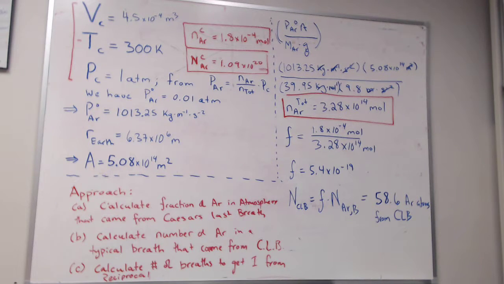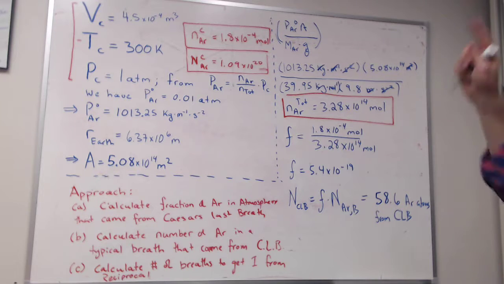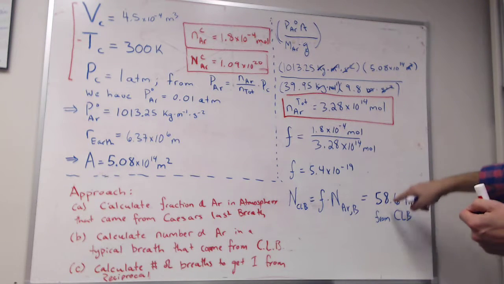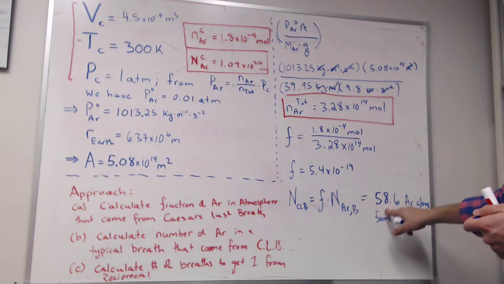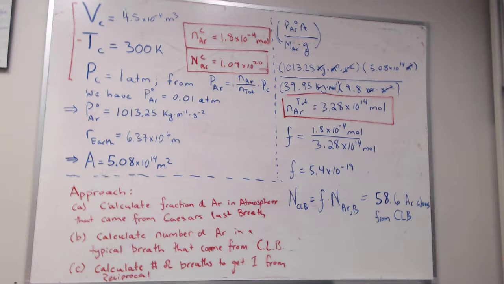Okay, so that's quite a few. Okay, and now the only thing that we need to do then is take the reciprocal of this number to figure out how many breaths we have to take to get exactly 1. And so since we know that for every single breath we get 58 argon atoms from Caesar, then in fact we're going to have to take far fewer than a single breath to get an argon atom from Caesar.